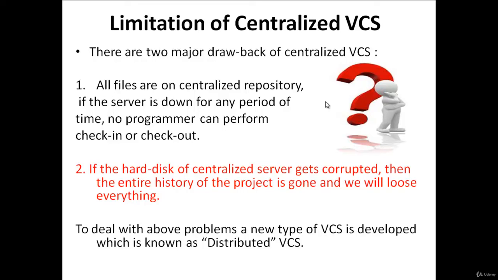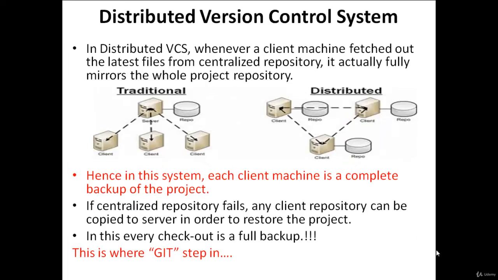So due to these problems and situations, there is another thing that was invented to overcome the challenges of the centralized version control system, and that is the distributed version control system, and that is where Git and GitHub come into the picture.